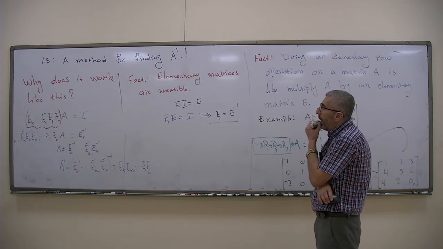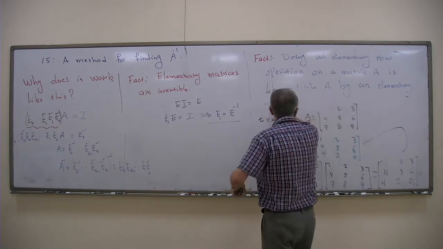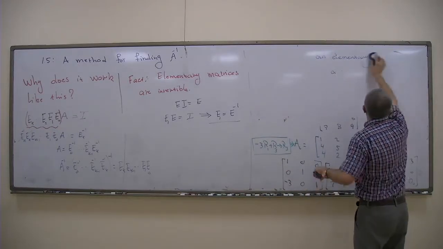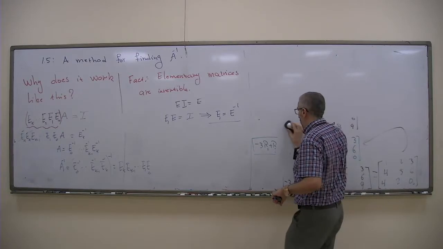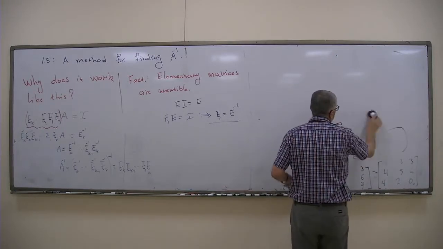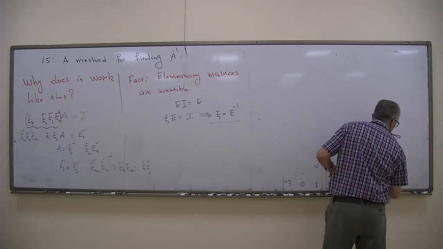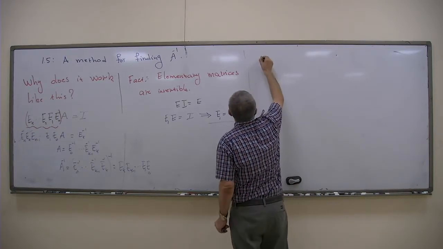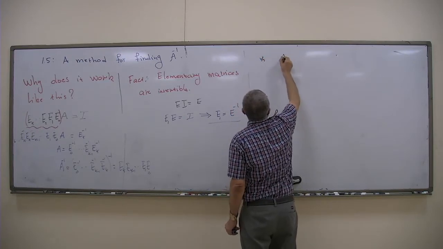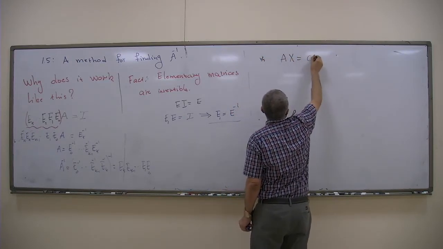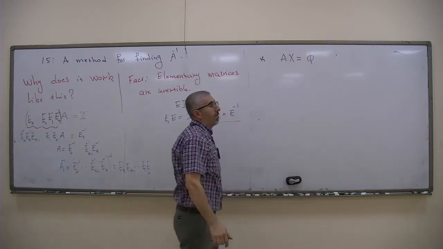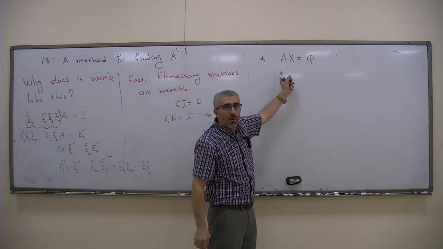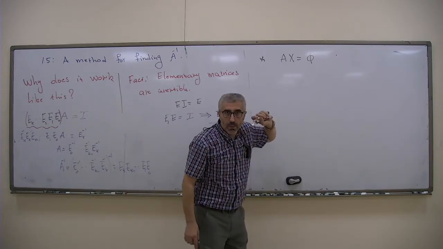Okay, so that's about finding the inverse of an invertible matrix and about elementary row operations and elementary matrices. Let me go back now to systems of equations. How do we use these ideas in solving systems? If you have a linear homogeneous system, so here it is homogeneous. Okay? Remember, homogeneous systems always have a trivial solution.